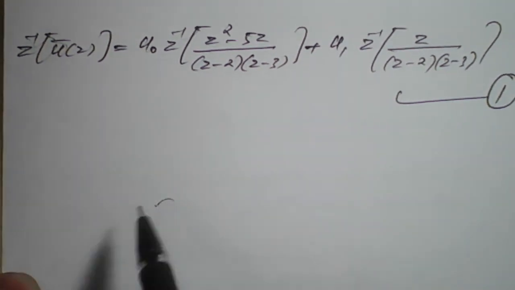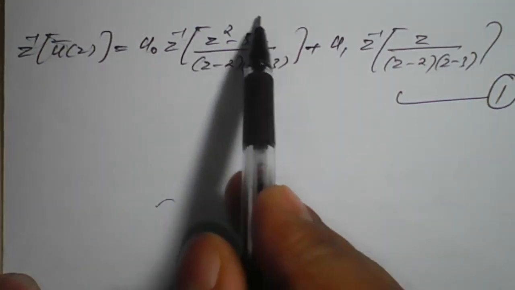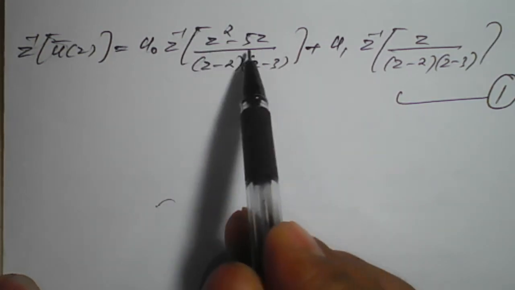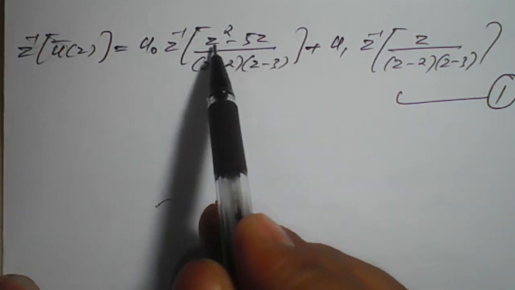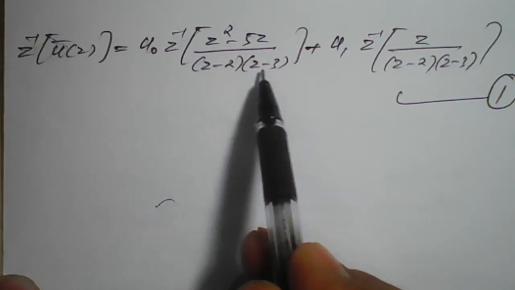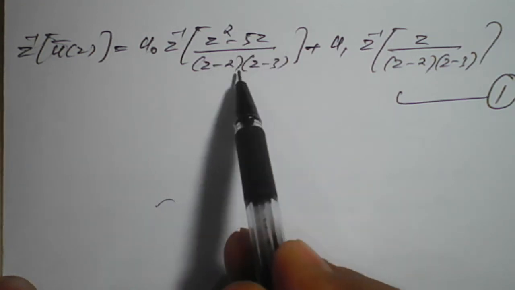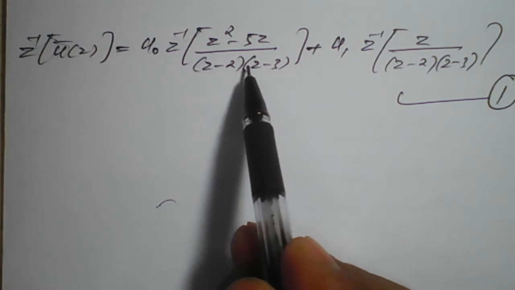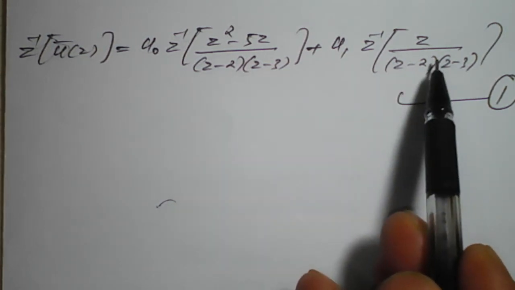So first we have two results here. First we need to simplify the right hand side of 1 separately, taking z square minus 5z divided by z minus 2 into z minus 3 as a fraction. Then we'll take a partial fraction and get the answer, and similarly the second term also.